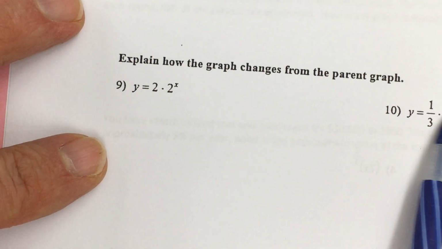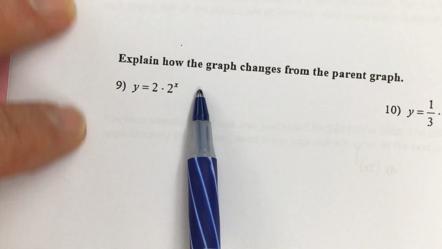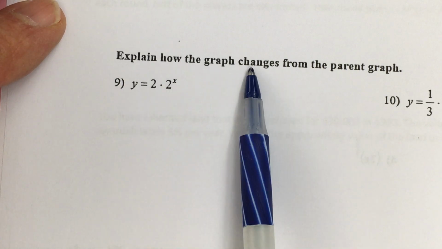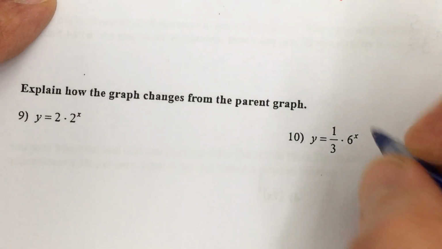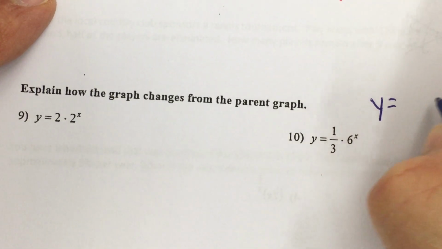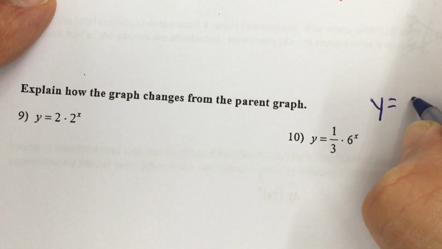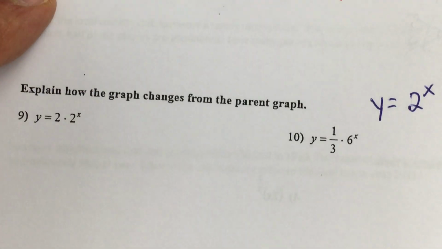Now, this one is exponential functions. Explain how the graph changes from the parent graph. Remember, the parent graph is y equals 2 to the power of x. Basic exponential function.